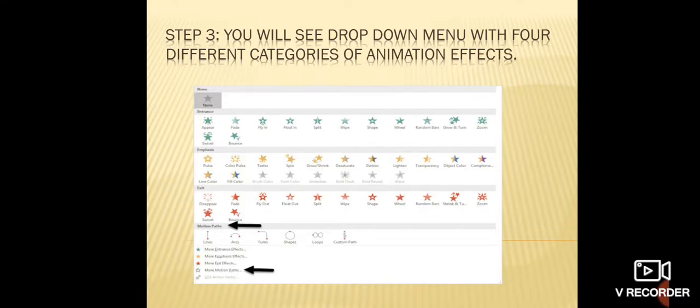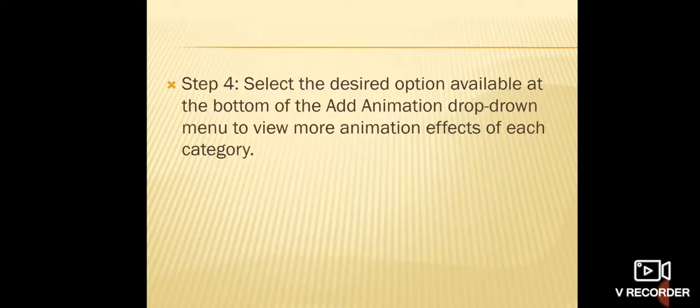If I think about a ball moving in any direction, right? Then I have to use motion path. This is step 3, where you'll be getting 4 animation effects, that is entrance, emphasis, exit and motion path. We'll move to next.